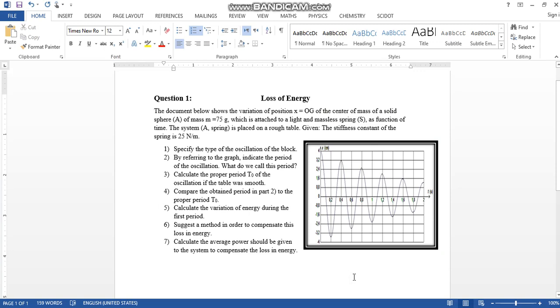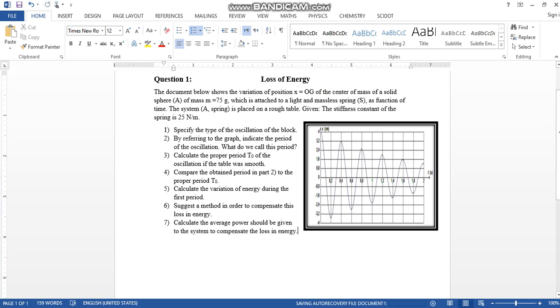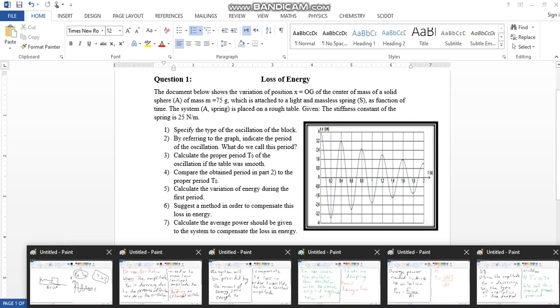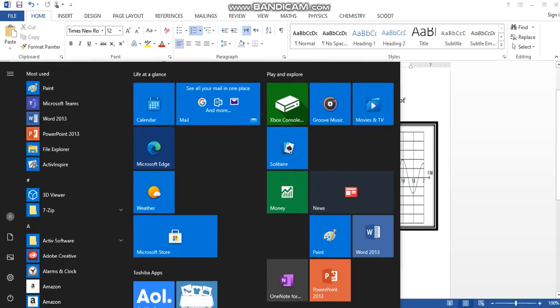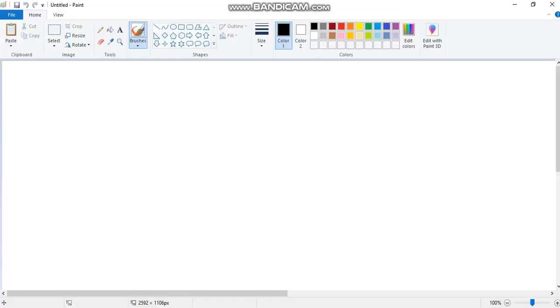Part 3: calculate the proper period T0 of the oscillation if the table was smooth. Here if the table was smooth, they ask for the value of the proper period. All we do is find the period from its formula.